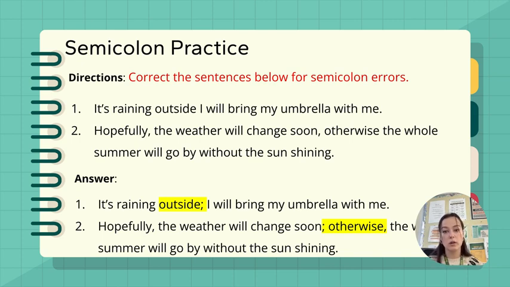Otherwise, the whole summer will go by without the sun shining. Here we have that comma splice that would occur, but also we have independent clauses that are able to be connected. That is our semicolon practice.